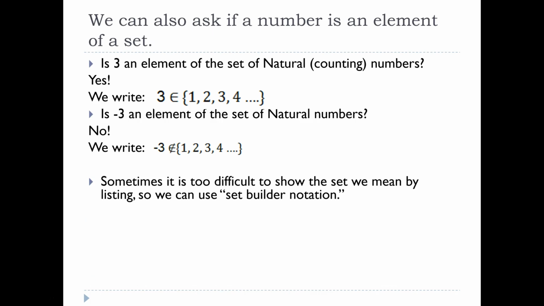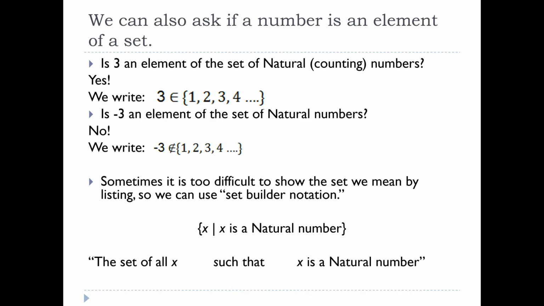Now, sometimes it's difficult to show it by listing, so we'll use set builder notation, it's called. And that's where we do this. This looks kind of complicated, or scary maybe, but it's pretty basic. The first part of it, the curly braces, just means the set of all x, right there.